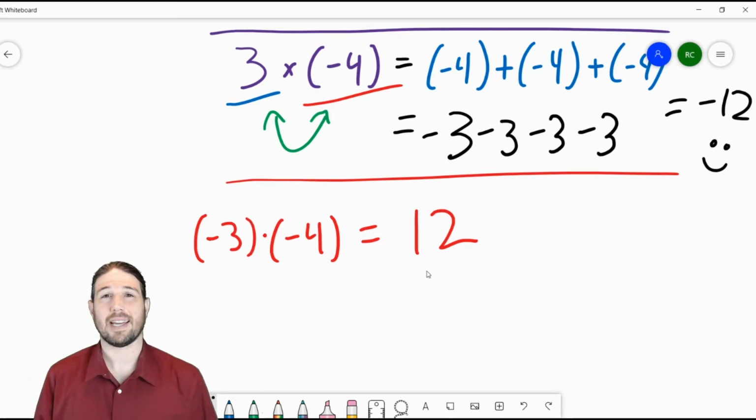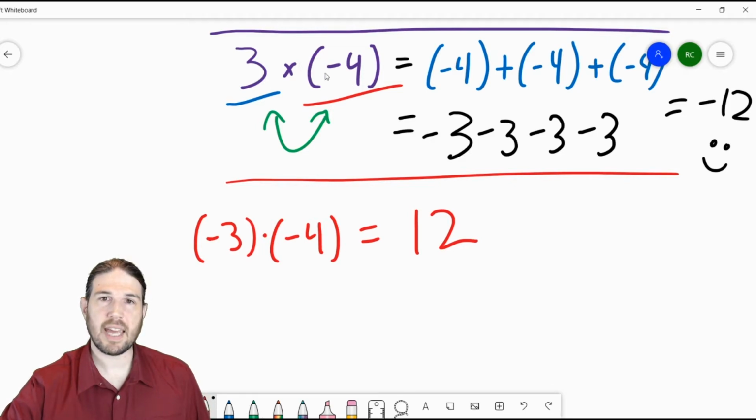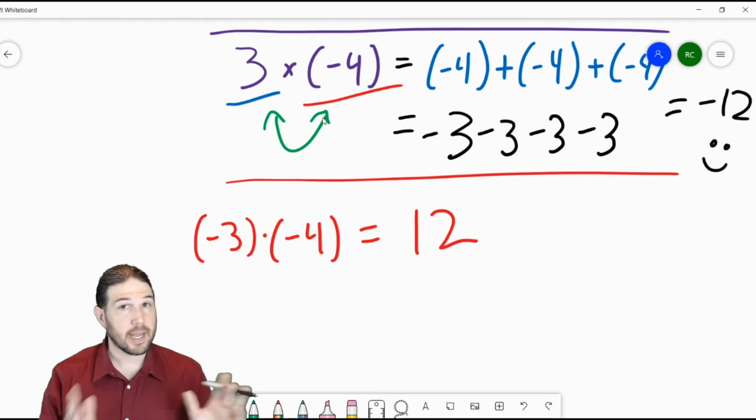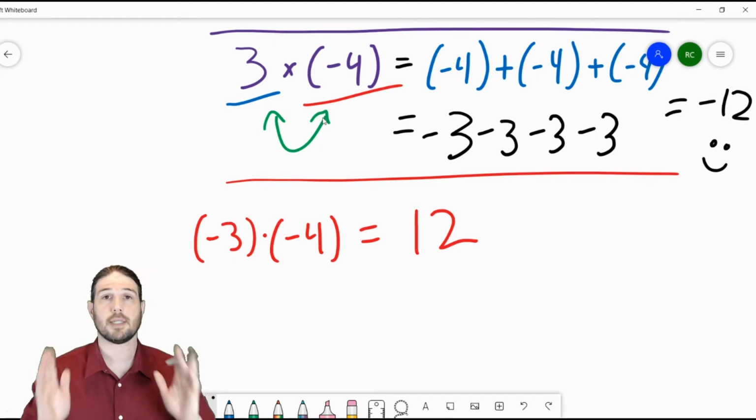But why? Well, let's think about it the same way we thought about 3 times -4. Again, the fact that there are 2 negative numbers here should not intimidate us whatsoever. They're just numbers.